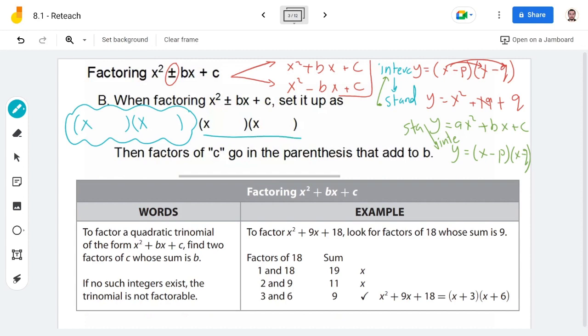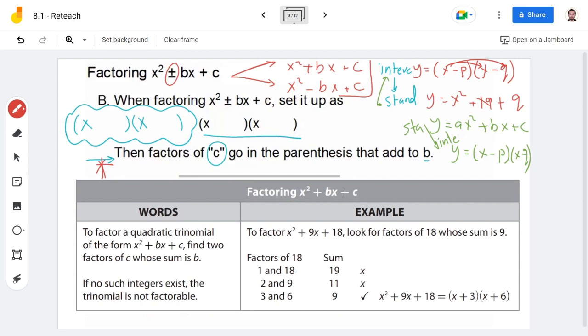Now, the factors of c go in the parentheses that add to b. This sentence is very important and you will follow it until grade 12 and even if you go to university. What does that mean?